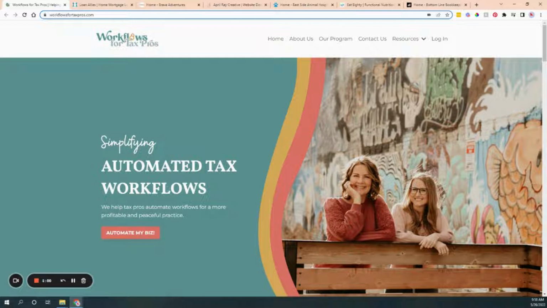We just launched this in April of 2022. And you can see that it is simplifying automated tax workflows. We help tax pros. Who do they help? And what do they help them do? Automate workflows for a more profitable and peaceful practice. This is just such a great example of a clear header, clearly letting people know what you do.